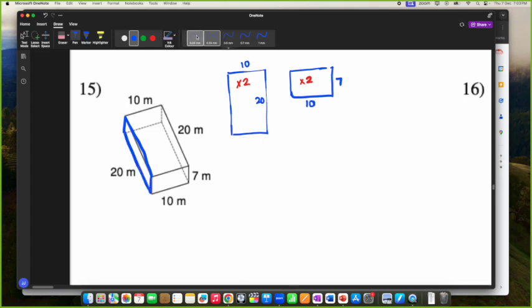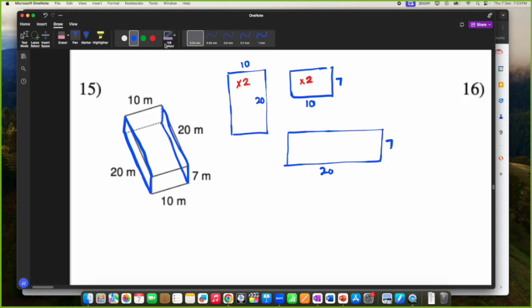Then I have this side one here. And I'll draw that side one looking like this. And you can see that I have a base of 20 and a height of 7. And guess what? This one here will be the same thing.